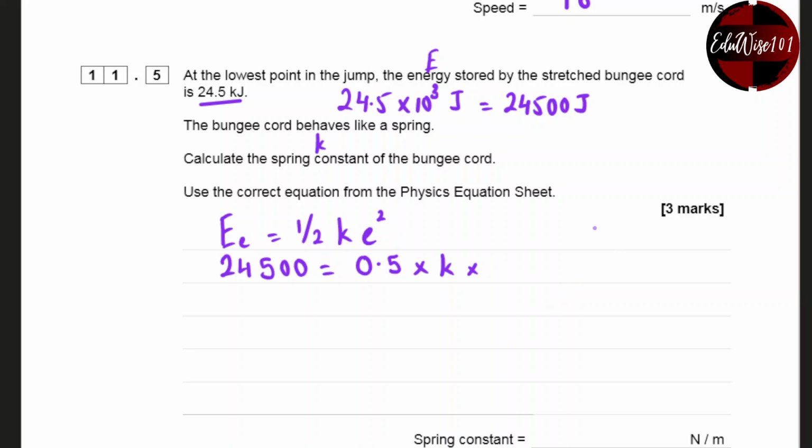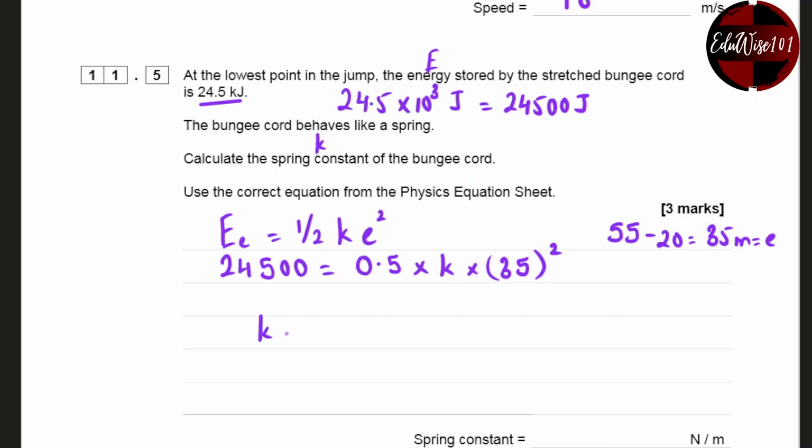Now remember, the length of the bungee cord is 20 meters. When the student jumped, it went up to 55 meters. So if I take 55 minus 20, that gives me 35 meters as the extension. So that's 35 squared.